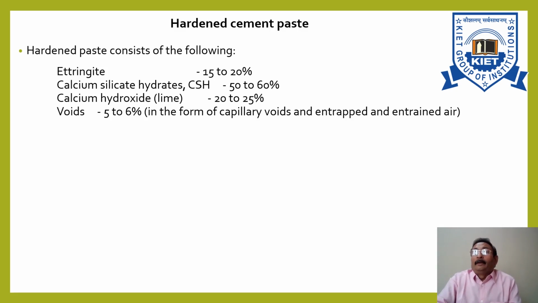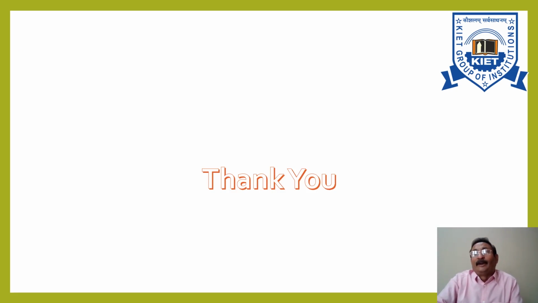So by seeing this video lecture, you can answer why we were taking 38% as the minimum amount of water. And second, you can answer what is the role of garnet or ettringite in the cement.